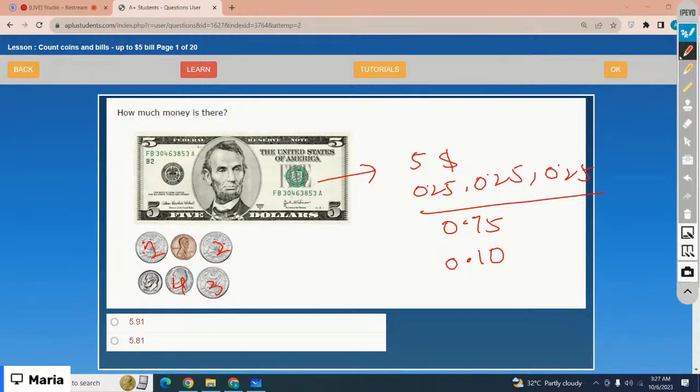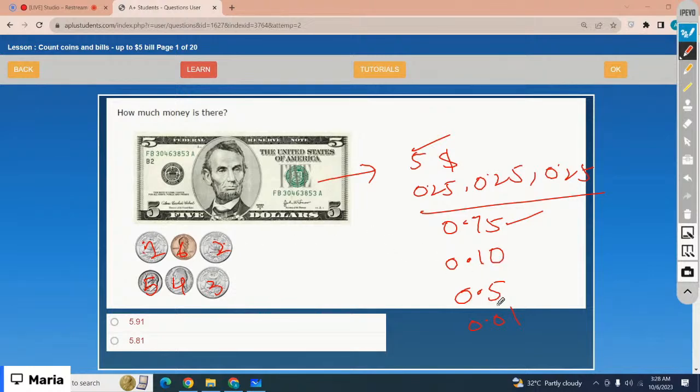Okay, then this one is the nickel. You can count the nickel by fives, right? That means 0.05. And this one is the penny, and you can count the pennies by ones. So you need to add 0.01. So you have to add $5, 0.75, that is the worth of three quarters.